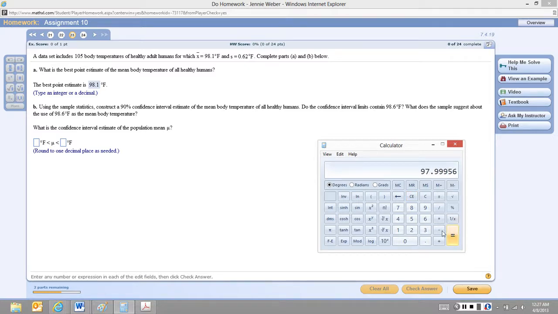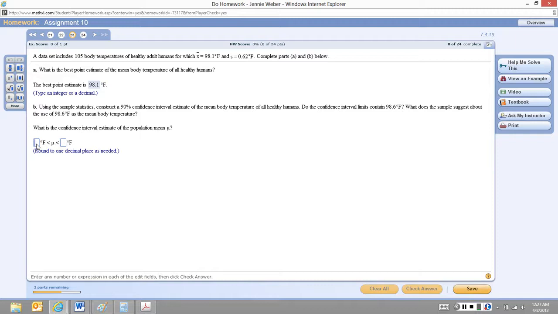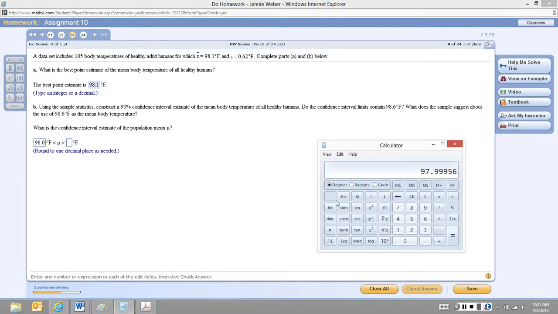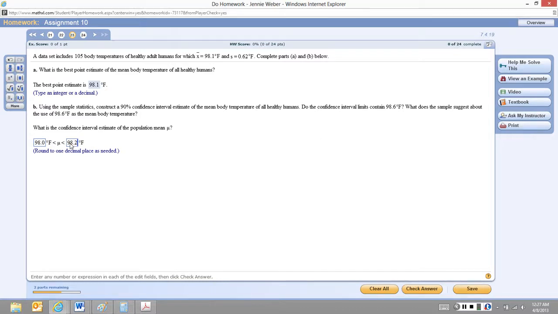Okay, so that's about 98.0. Then we do the same thing, 98.1 plus 0.10044. So that's 98.2. So this would be our confidence interval.